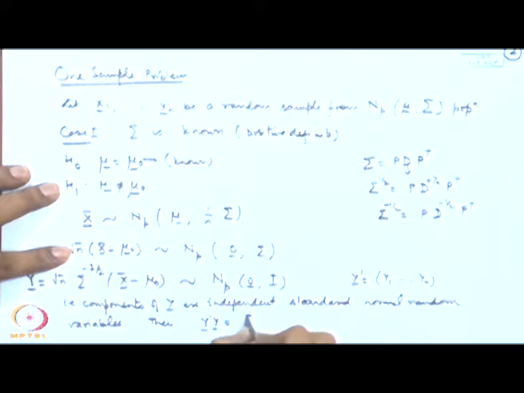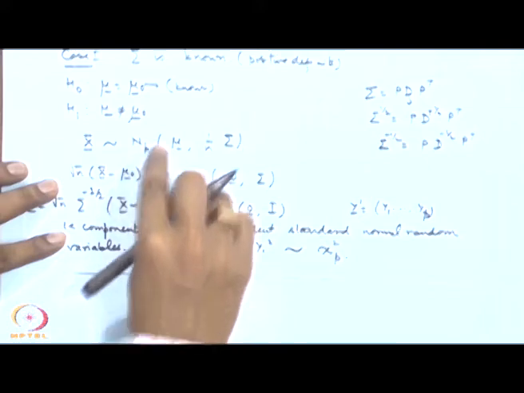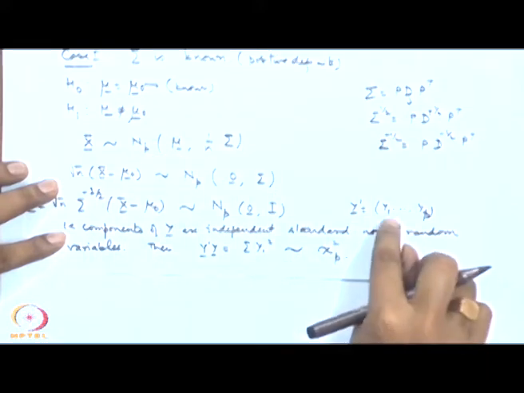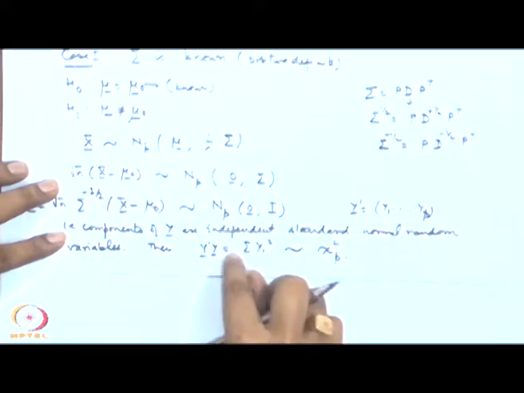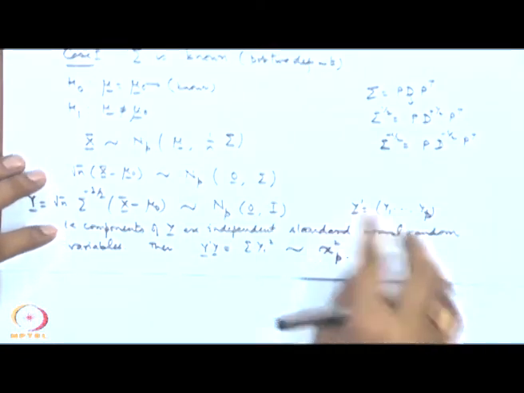Then Y prime Y, that is the sum of Yi square, will follow a chi square distribution on p degrees of freedom. These will be p components, because we are dealing with the p dimensional normal distribution. So, Y prime Y, that is the sum of Yi square, will have a chi square distribution on p degrees of freedom. So, if that is so, let us write Y prime Y.